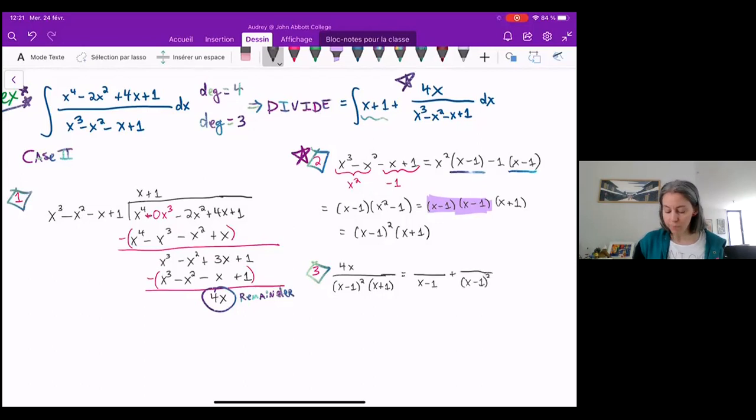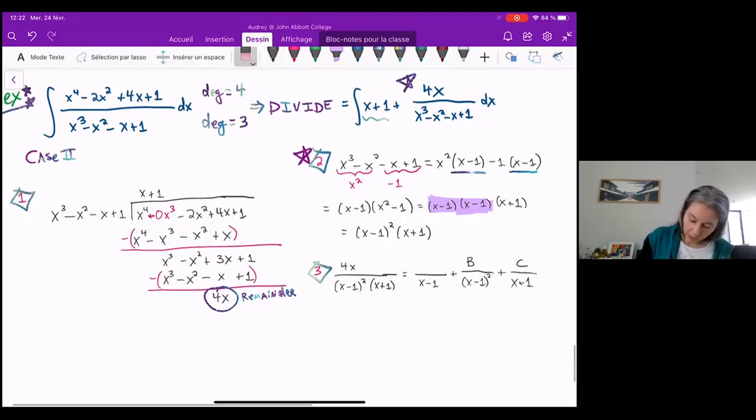So case 2 just means that x minus 1 squared gets 2 fractions of its own, the power increasing each time. So then I'll have plus something over x plus 1, and I'm just going to use A, B, C here for simplicity. So this is my partial fractions decomposition.